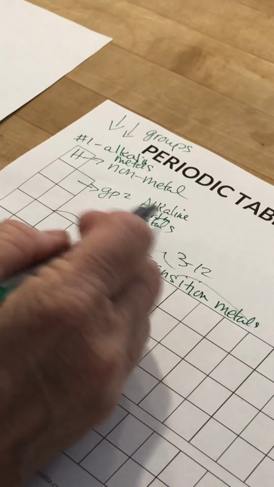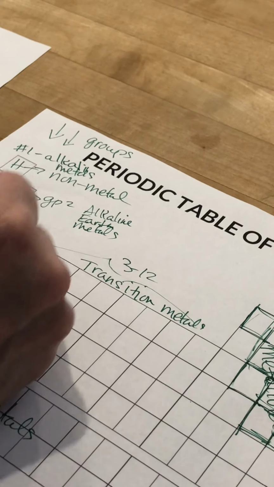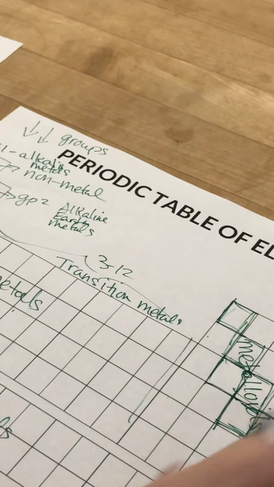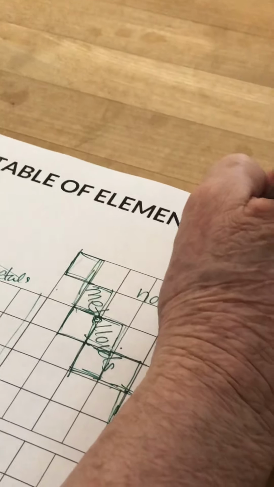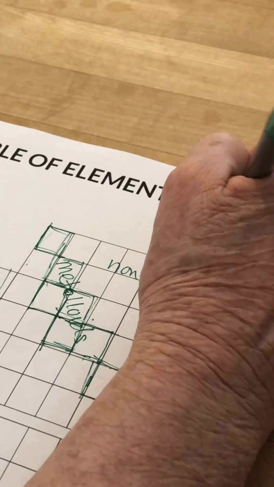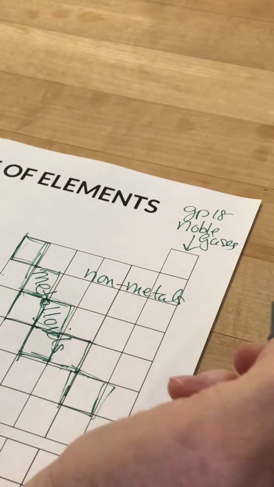Okay, so you should know group 1, alkali metals, group 2, alkaline earth metals, 3 through 12, this whole big group in here are the transition metals. They all behave alike. Over here we have group 18, which are the noble gases. They don't react with anything.